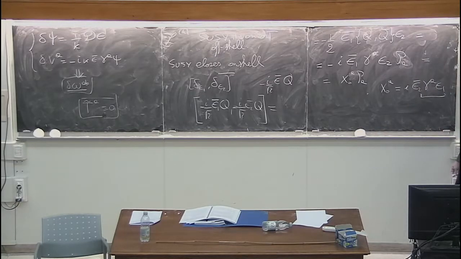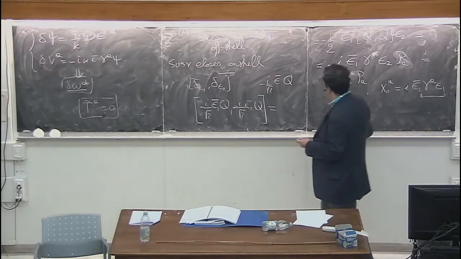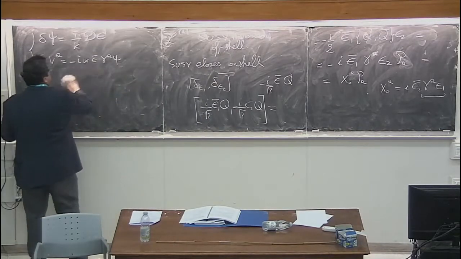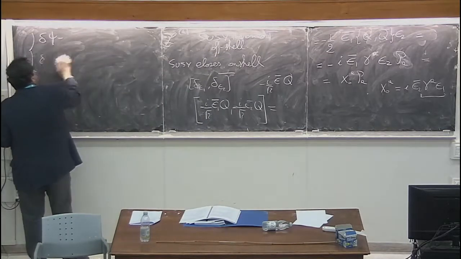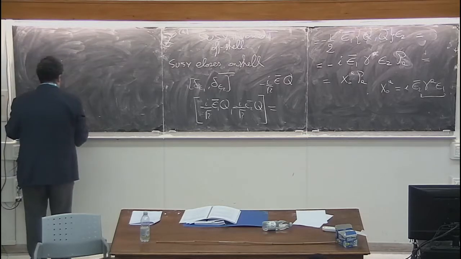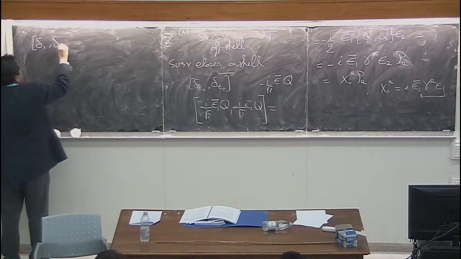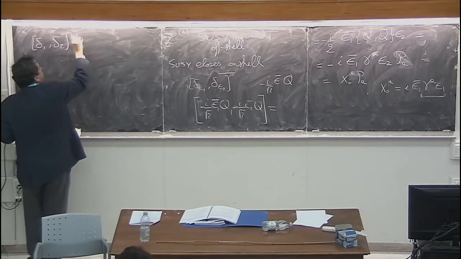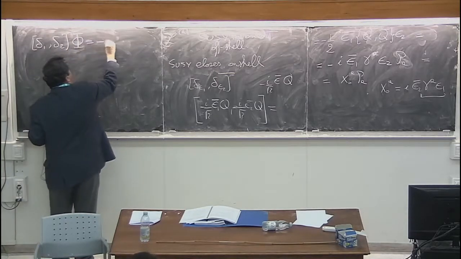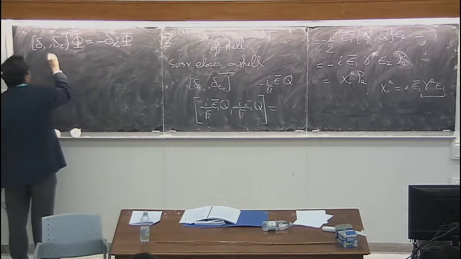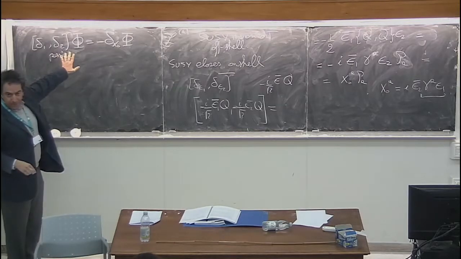What do we expect if we commute two supersymmetries and we use the passive description of this commutator? Delta 1, delta 2 commutator on a generic field, we expect to find minus delta x naught phi in the passive description.